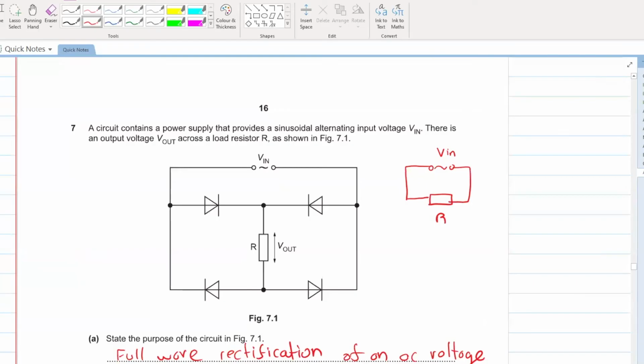How will your mean power be affected? Any genius?